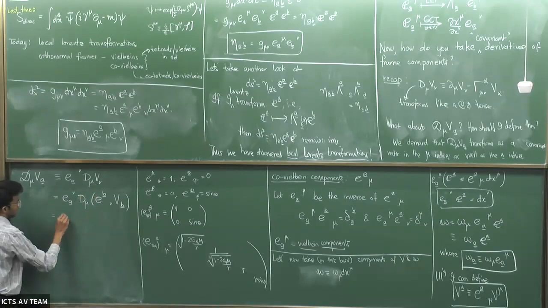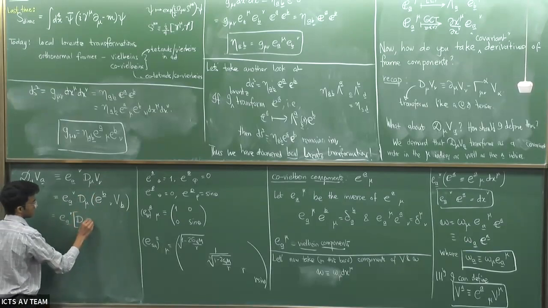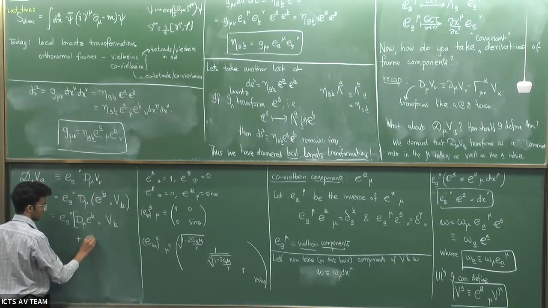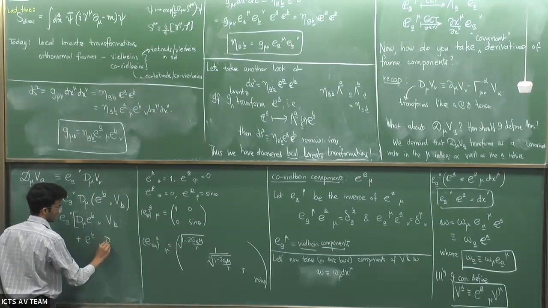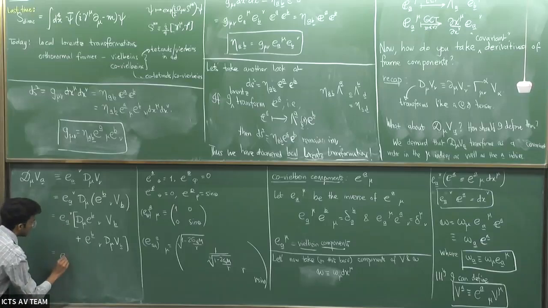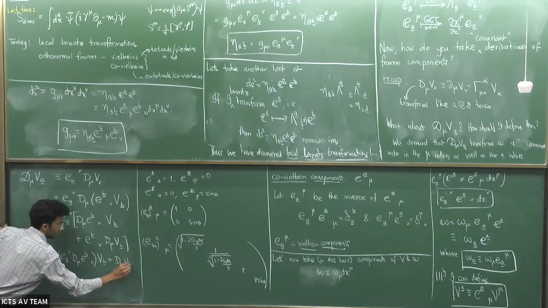So this becomes E a nu d mu (E b nu vb) = E a nu E b nu d mu vb plus E a nu d mu E b nu vb. Remember that this is the inverse of that, so that gives you delta AB. So it gives you E a nu d mu E b nu times vb plus d mu va.